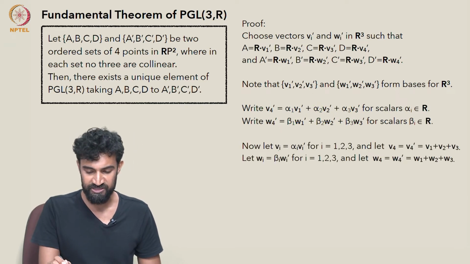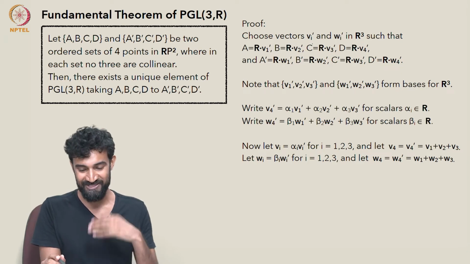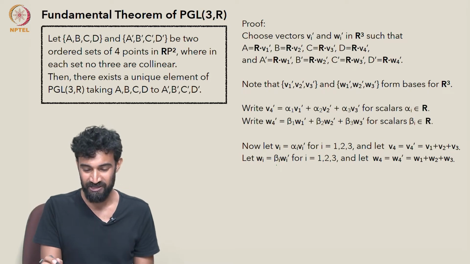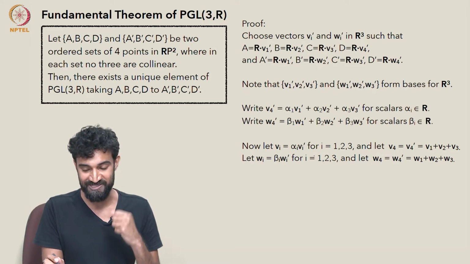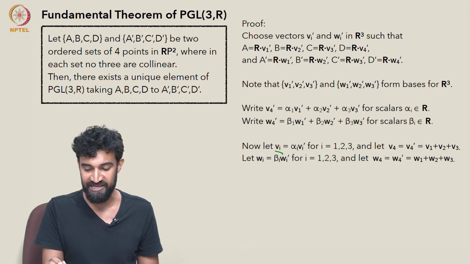Now let's define new vectors. Let's forget our prime vectors; they were just a stepping stone for getting to these real vectors. We want some better vector representatives of A, B, C, and D. So let vi be alpha i vi prime for each i.